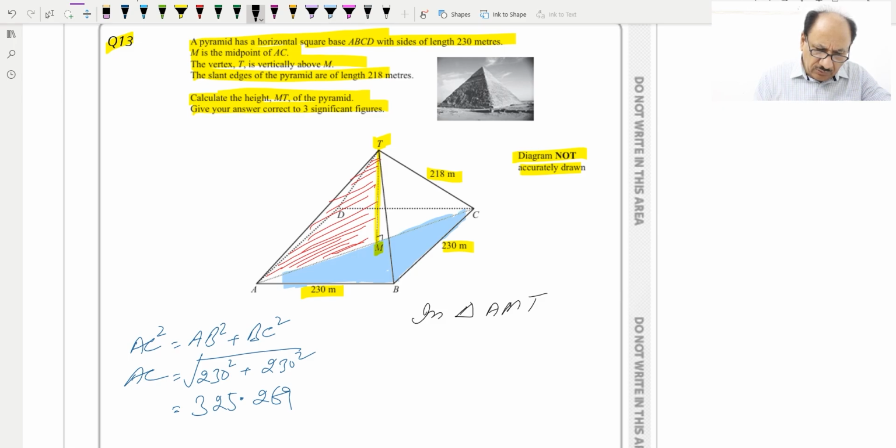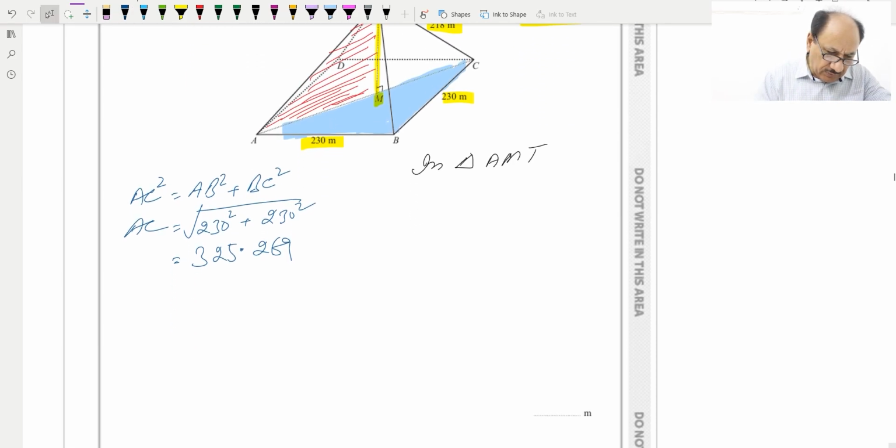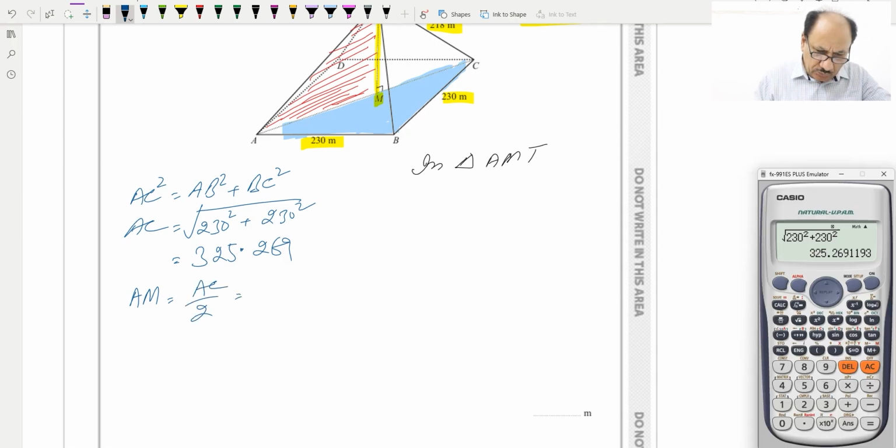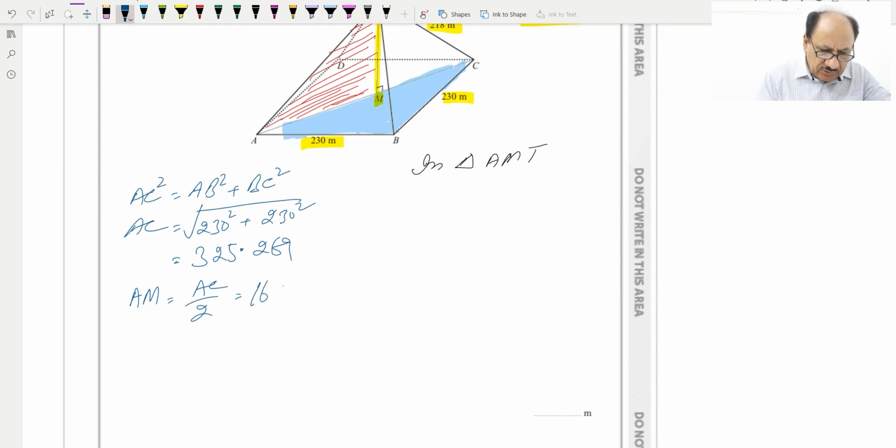Basically, not Pythagoras theorem first. First, we need to find AM. So we can write AM is equal to half of AC, AC divided by 2. AC we already have, so divided by 2 will be 162.63, and this will be our AM value.